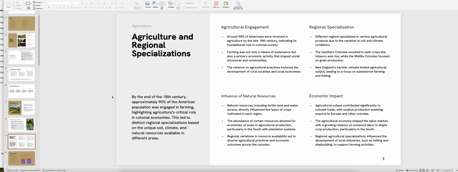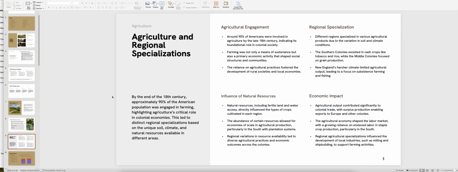I mean, if we wanted to, again, think of these three regions, the southern, the middle, and the northern colonies, if you were to be an outside observer, it was the southern colonies that were the strongest economically.